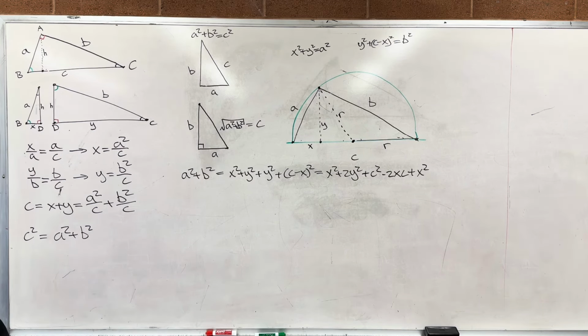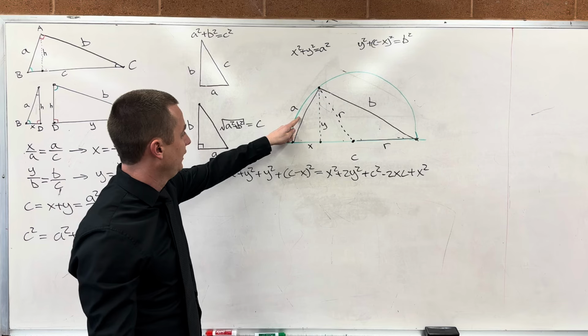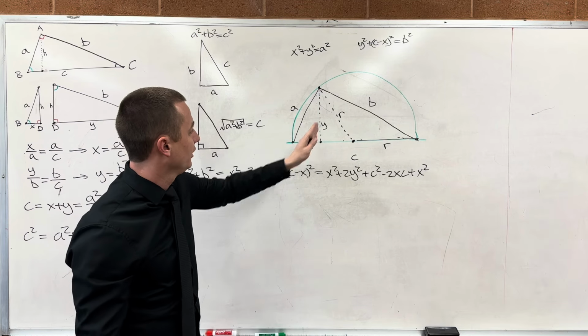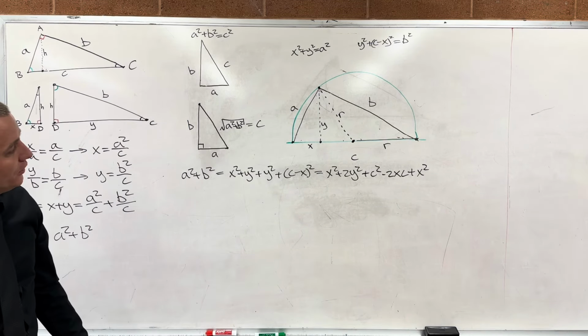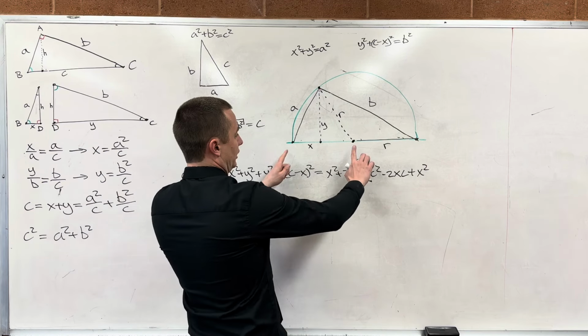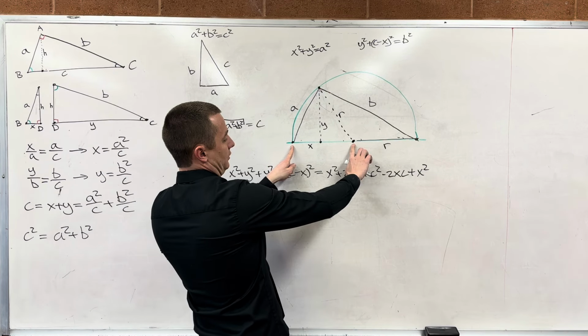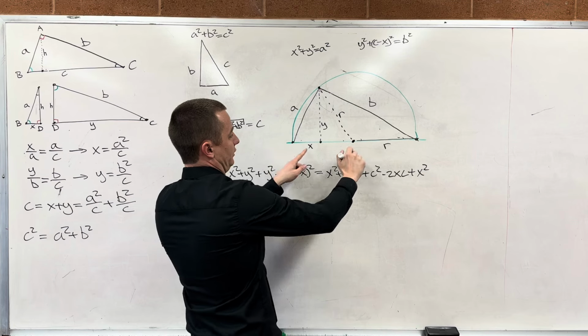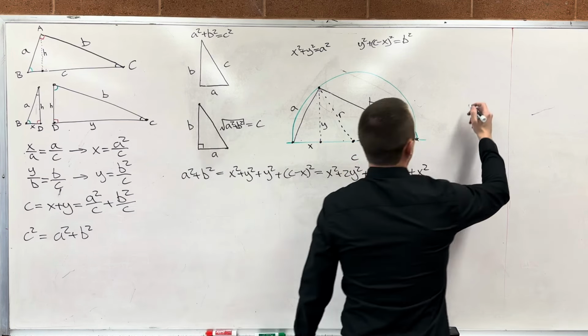Let us think about this. X we have in terms of A, but then we also have the Y there. Y, looking at this triangle, I could call this distance. Let me scribble this triangle to the side.